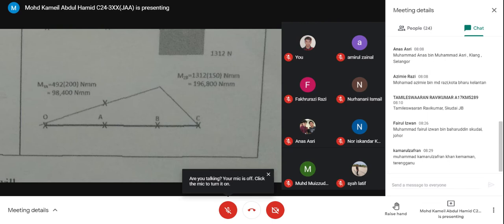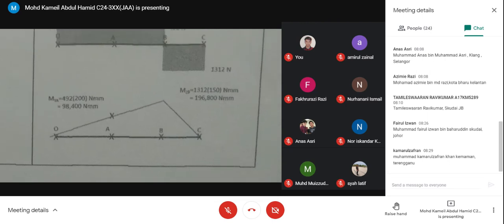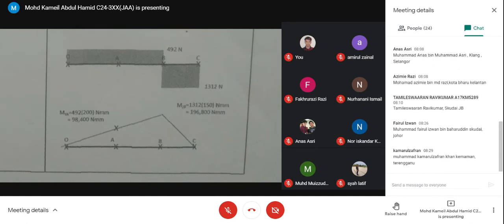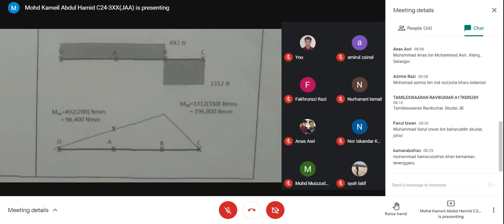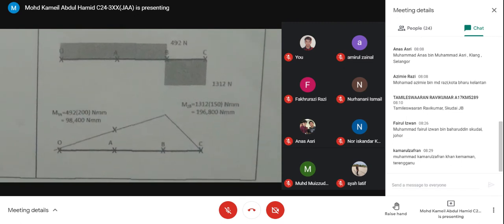The maximum is at B. Get the MZB. You can use 1312 times 150 to get the value for MZB. MYA you can also get, the MYA value is 492 times 200.